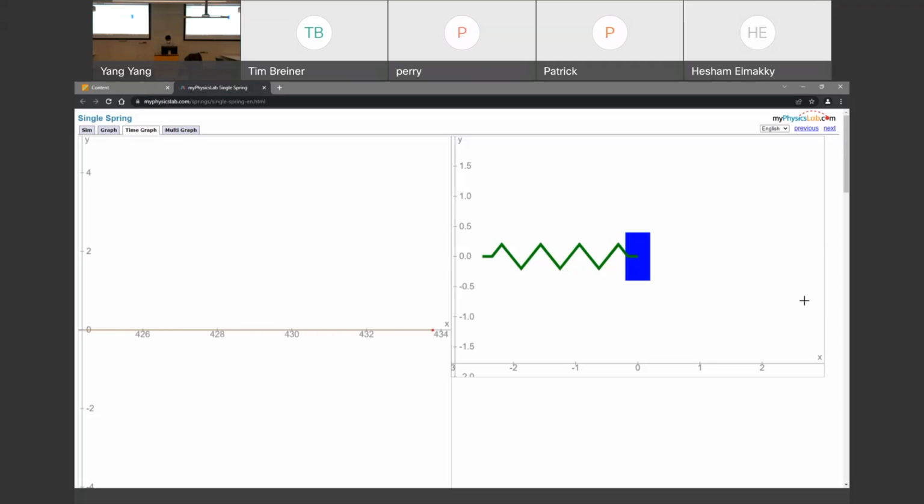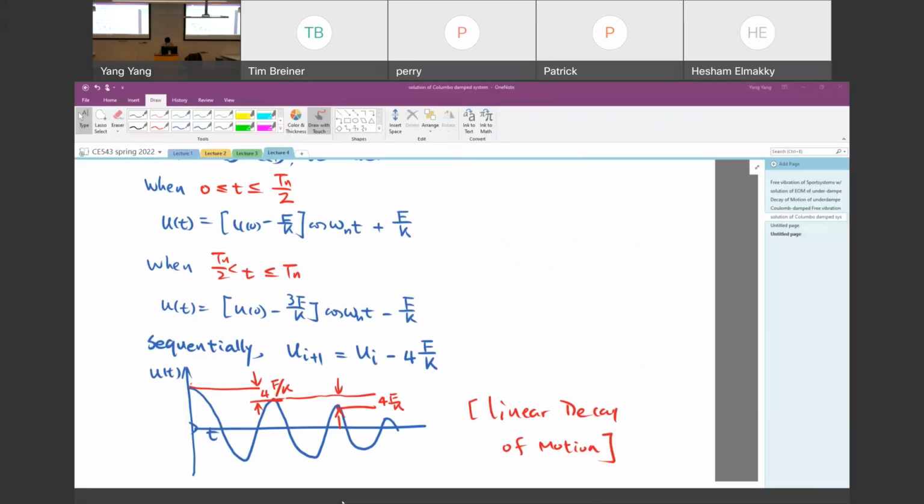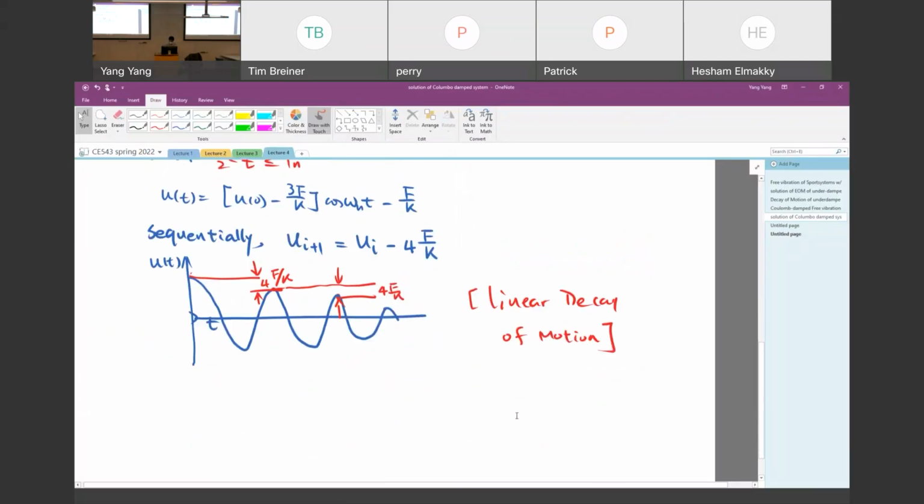That's homework 2.9, about the overdamped system.